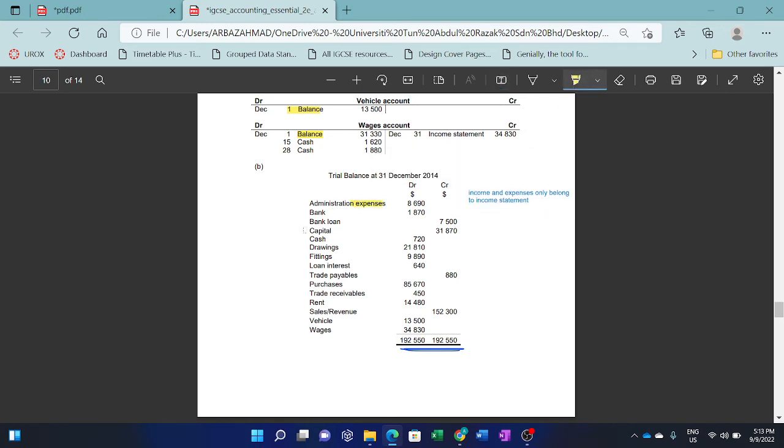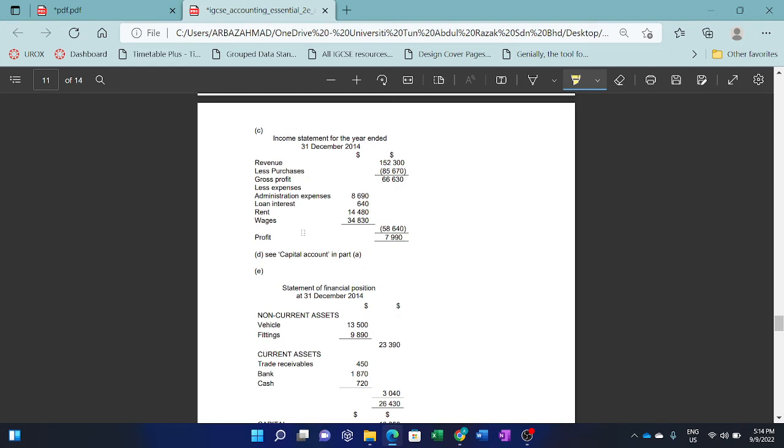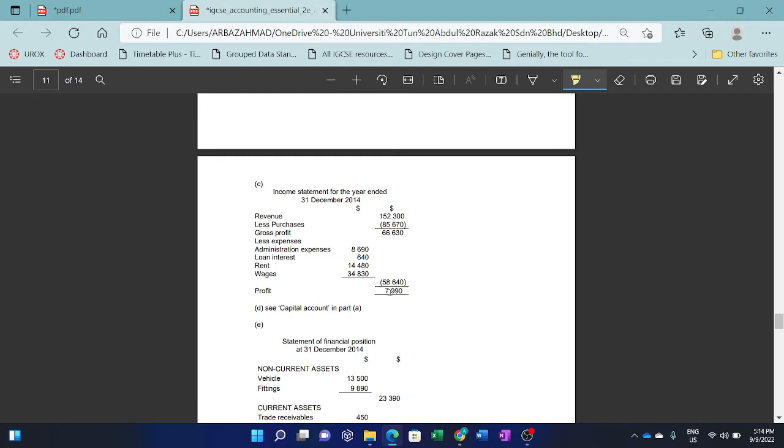So this is an expense. I know this is an expense. It's interest on loan. So purchases, I have rent, I have sales, I have wages. So a few of these items belong to my income statement, and you should be having a very concise income statement here with this figure, with this profit.